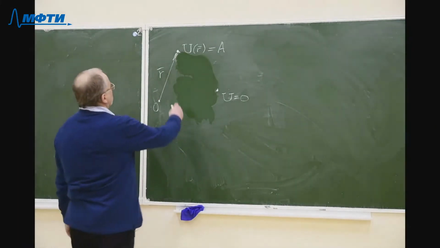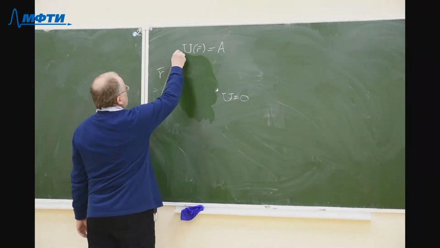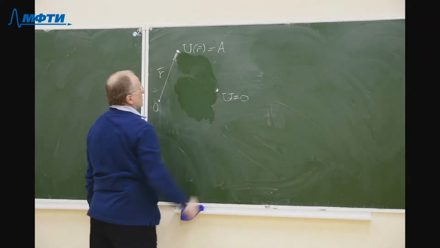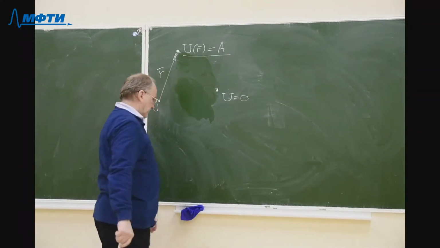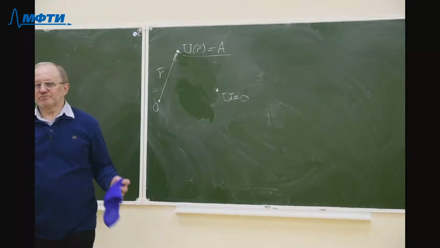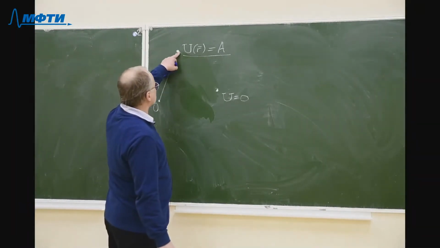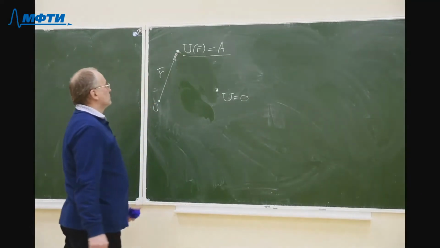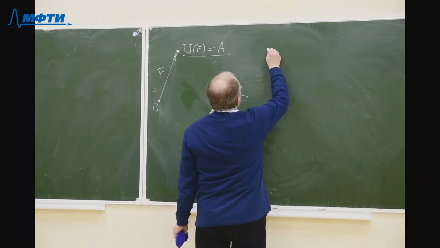We just say that the potential energy here is something with respect to the zero potential energy level. And this potential energy is defined as the work performed when a particle moves from the first point to the zero potential energy point.